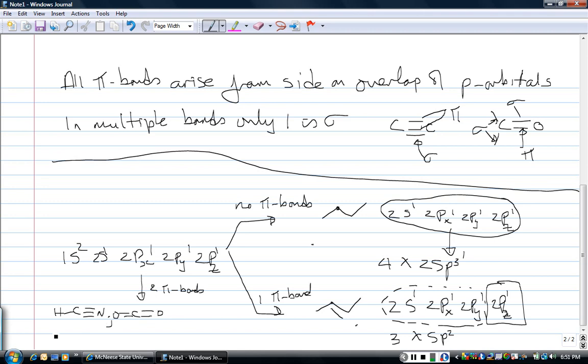Well, in that case, it's going to take the same basis set, which is the 2s1, 2px1, 2py1, 2pz1. It's going to say these 2 p orbitals must be left untouched, because I need to dedicate those to forming the 2 pi bonds.